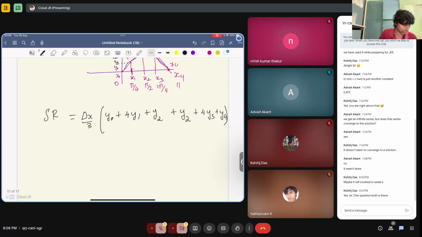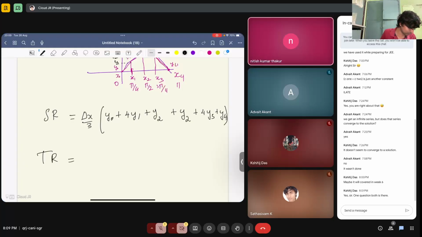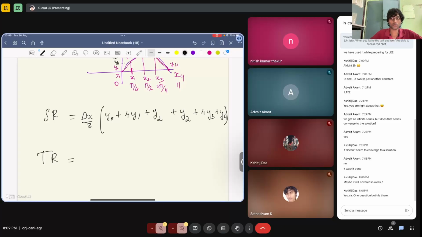And if you look at the trapezoidal rule, did I wrote the trapezoidal rule? I have to check. Just 1 minute.